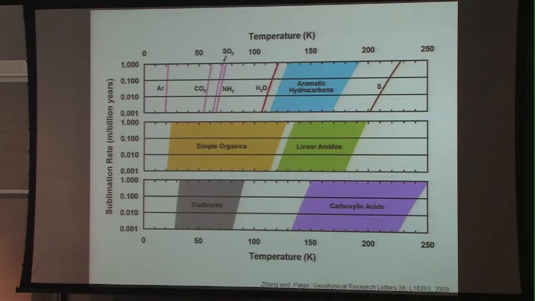So this is a very important point: based on the basic theory of thermal stability, we would expect the cold traps on all planets to contain not just one dominant species, water being an important one, but a variety of things, and the data we're getting suggests that that is in fact the case.